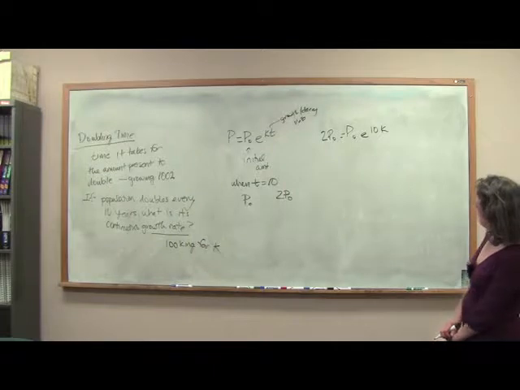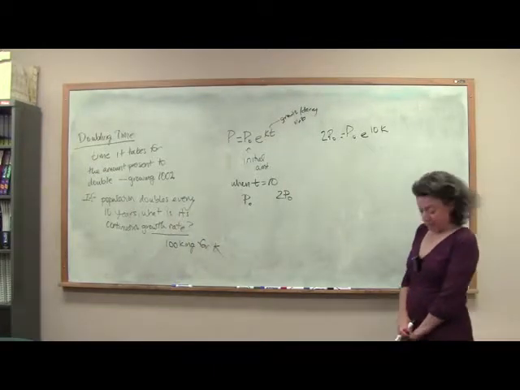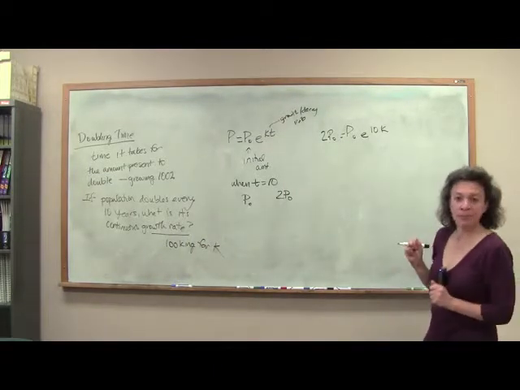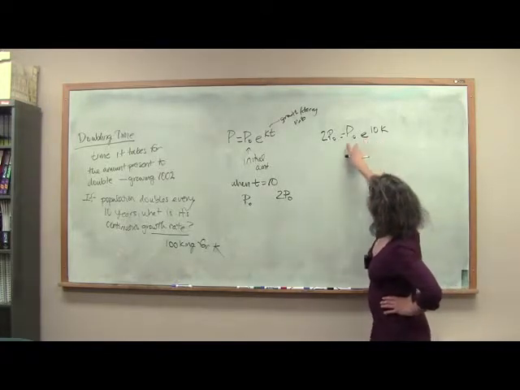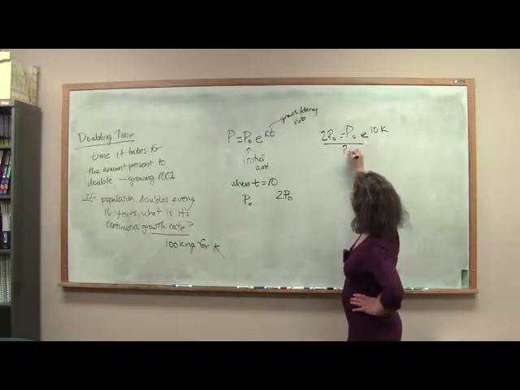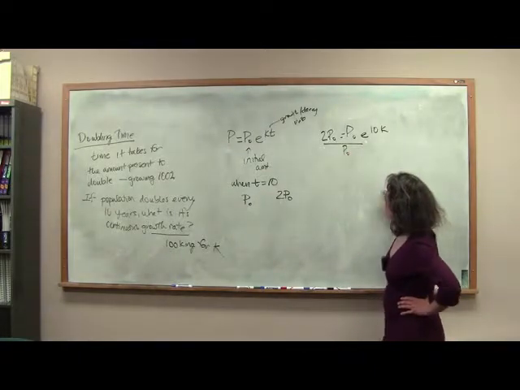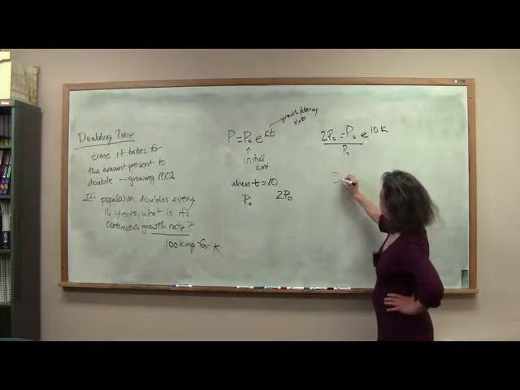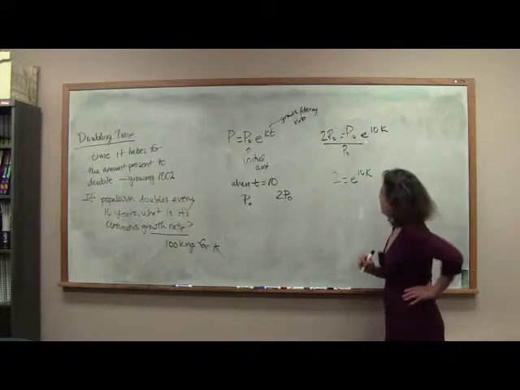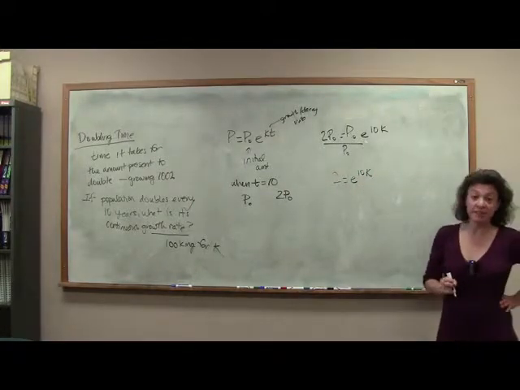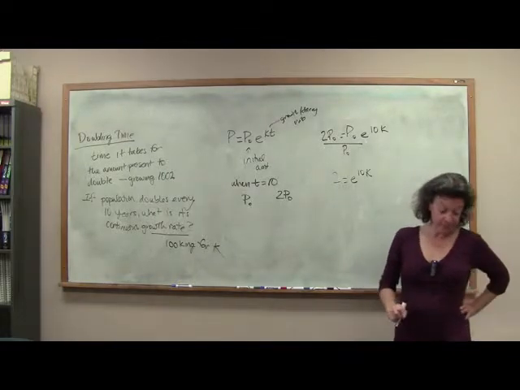I claim it absolutely does. Okay? You might wonder how, but let me show you. Again, you want to isolate your exponential, so what I'm going to do is divide both sides by P sub 0. If I do that, that cancels it on both sides, and I claim I'm left with 2 is equal to e to the 10k.